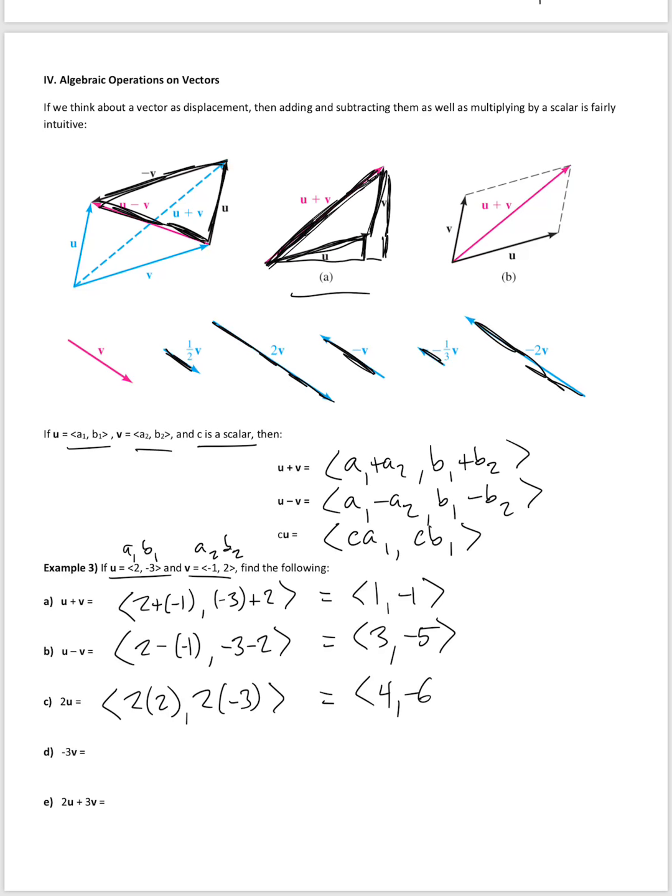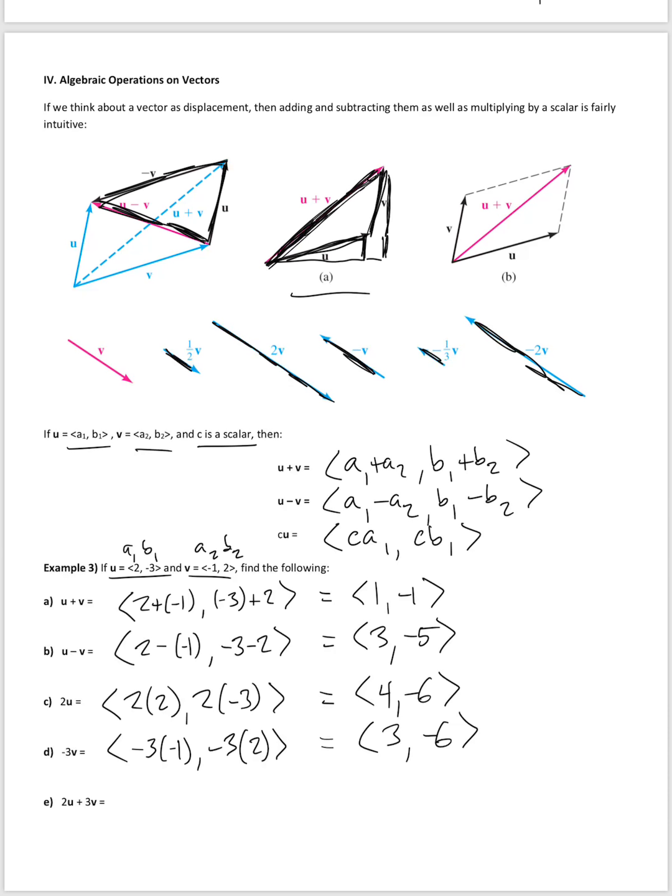Or 4, negative 6. I doubled the length of this vector, of this displacement. Negative 3v, so now I'm multiplying both components of v by negative 3. Negative 3 times negative 1, negative 3 times 2. And I get 3 and negative 6. So I flipped the direction of this vector, I reversed it, and I lengthened it, I tripled the magnitude, the length, the displacement.